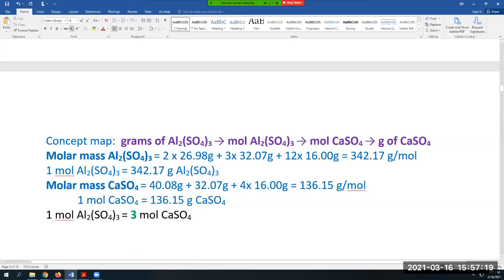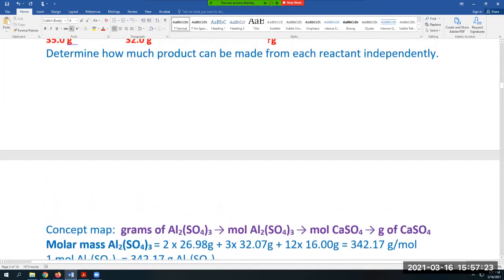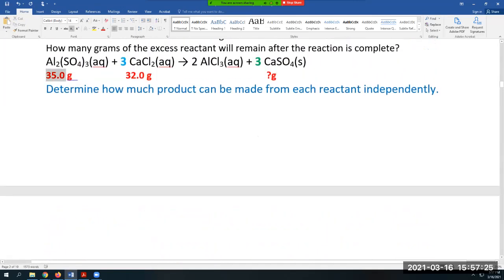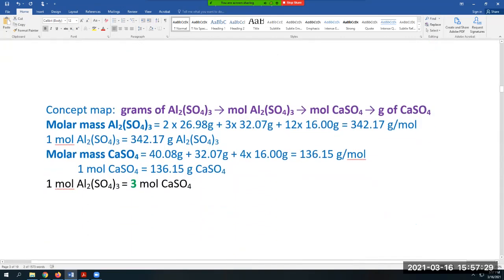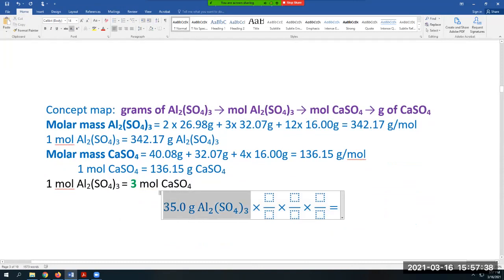Always start your calculations with the given amount. And here the given amount, remember, was 35 grams of aluminum sulfate. So we'll start the calculation with that. 35 grams of aluminum sulfate. This is in the numerator, even though here it looks like it's in the middle.